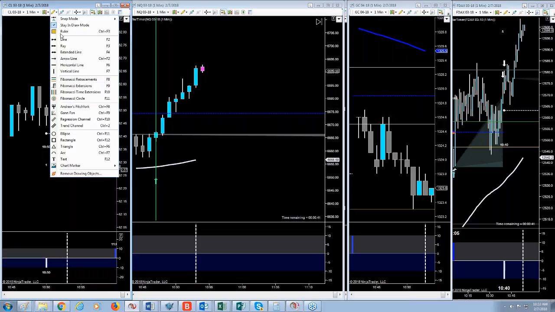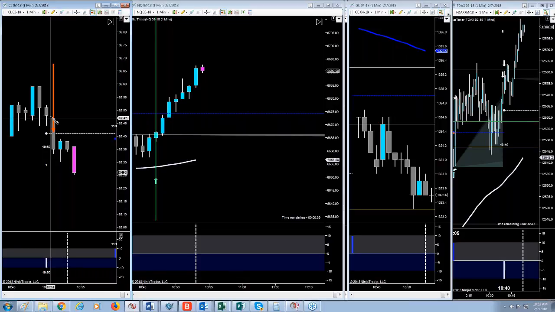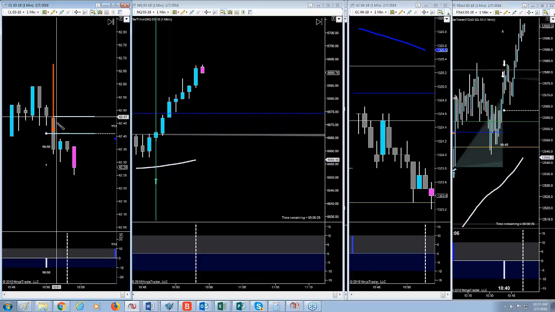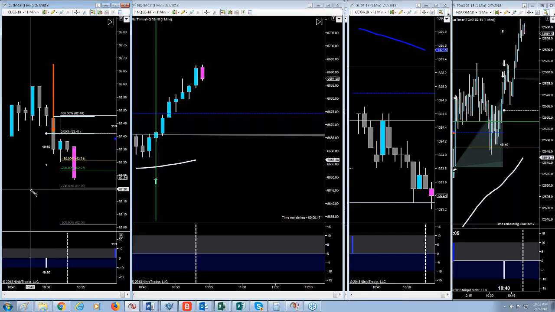Stop would be above the puncture candle at 48. Entrance would have been at 41. 7 tick risk, 14 tick reward. You are currently flat on CL.